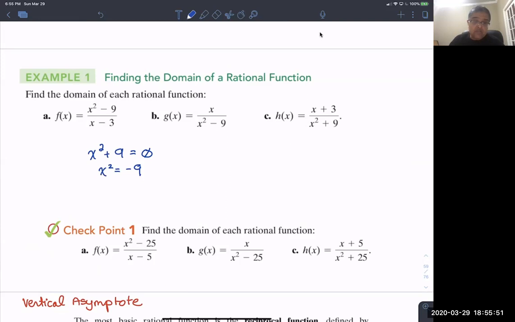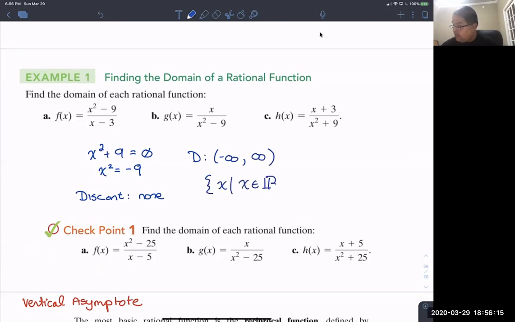So since the solutions are imaginary, there are no discontinuities. So there would be no discontinuities here. So what does that mean the domain is? Well, the domain is then all real numbers.